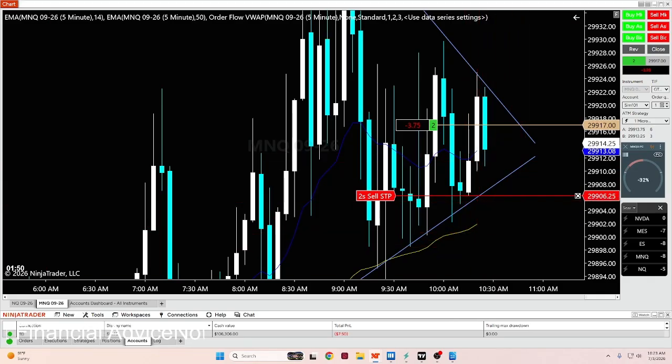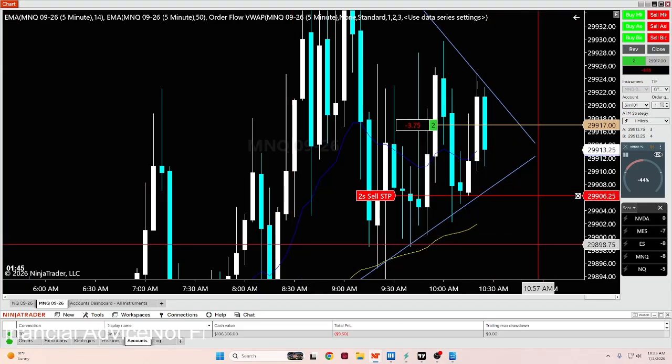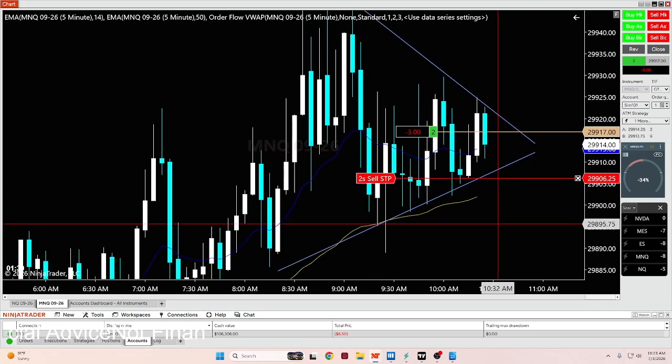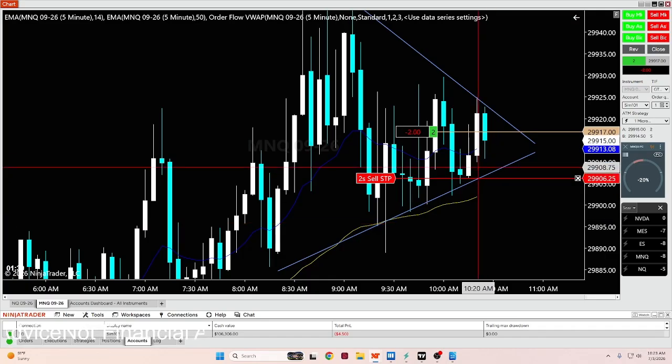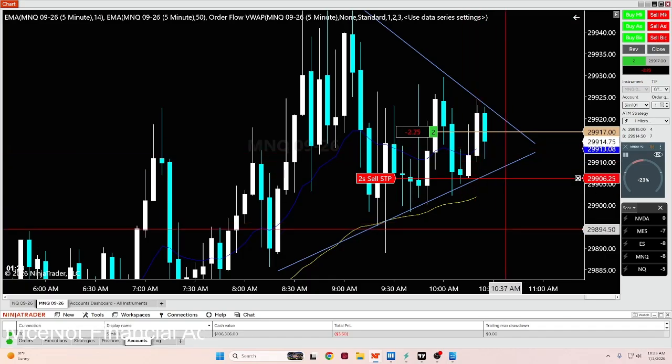That's the only reason I did what I did right there, to move my stop loss. $9.14, they're holding. Had that 14 EMA, it's holding up, trying to at least.